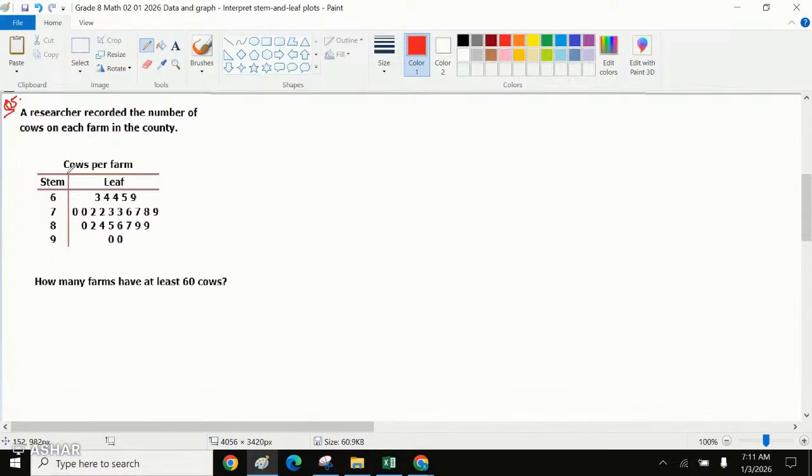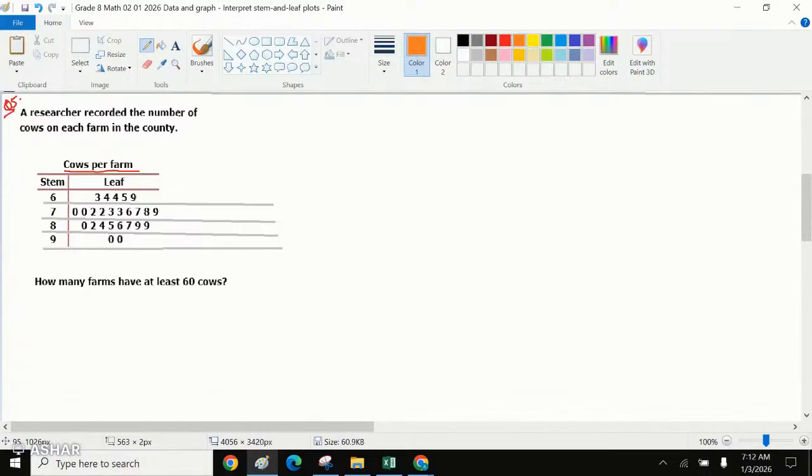So it shows cows per farm, right? At least 60 means, I'll just write down these values. Let's break them up, a few examples. We're not breaking up everything, right? At least 60 means 60 or more. Agreed?